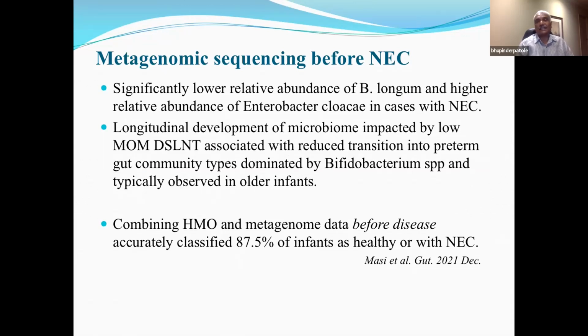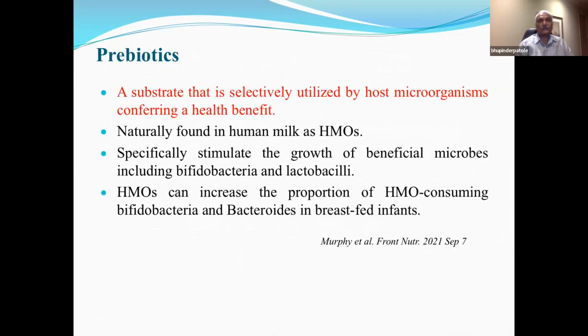So DSLNT levels in the mom's milk basically might be a good future biomarker for early prediction of necrotizing enterocolitis, so that other precautions can be taken to reduce the risk of the illness.